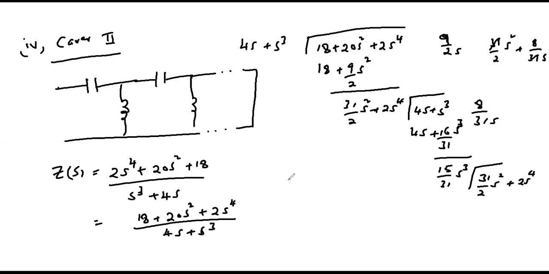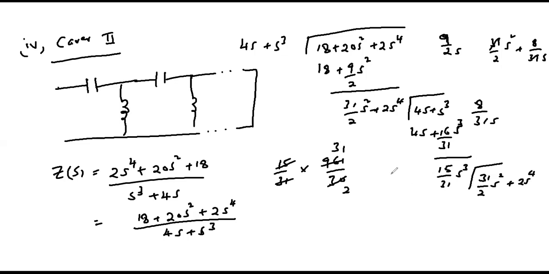So I want to get 31/2 from 15/31. So I take 15/31 and multiply this by 961 over 30, so that this will give us 2, and this will give us 31.